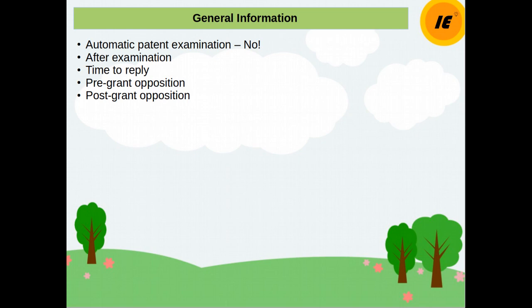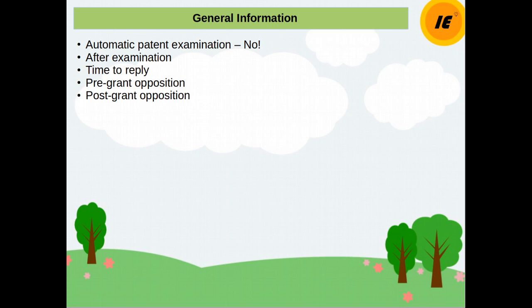What is the time limit for filing post-grant opposition in the patent office? Post-grant means after the patent has been granted, you will still be able to file an opposition. The time for filing post-grant opposition is 12 months from the date of publication of the grant of patent in the official journal of the patent office.